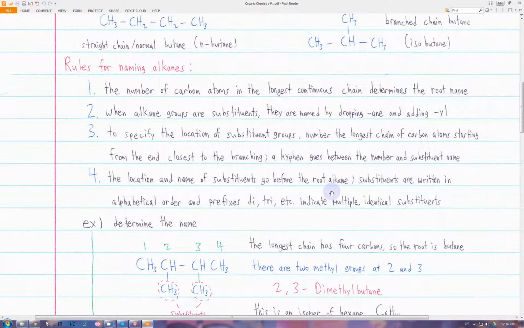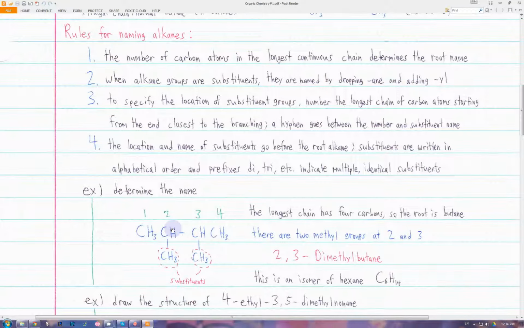So for example, in this compound, the longest continuous chain is these 4 carbons right here. So the root alkane here is butane, because butane has 4 carbons in its chain. So we number them 1, 2, 3, 4. In this case, it doesn't matter which end we start from, because the substituents are both in the middle.